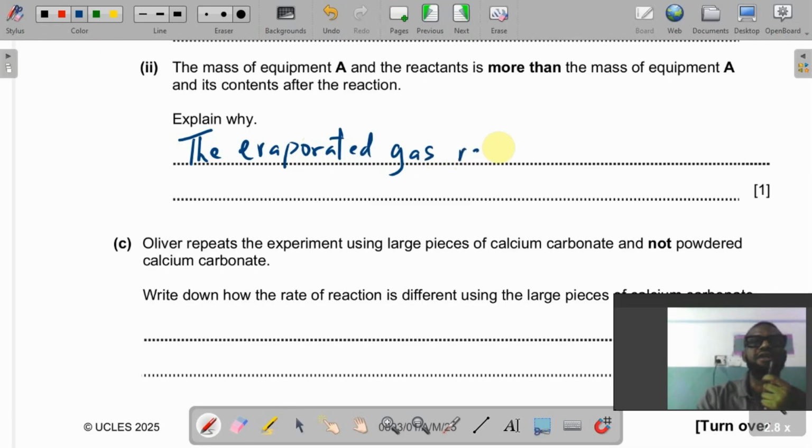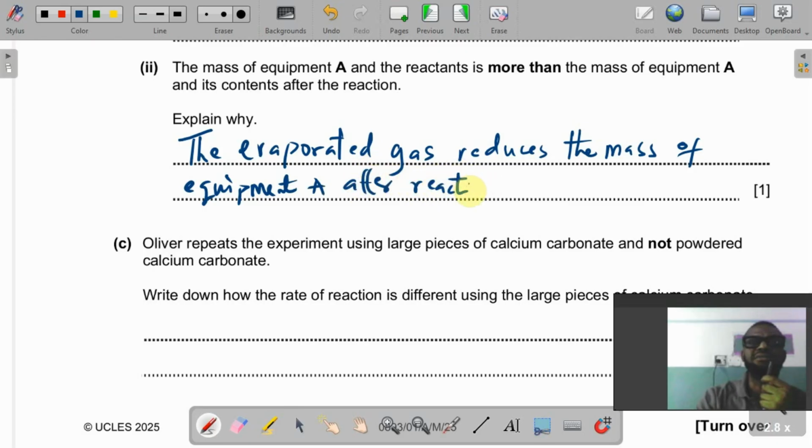The evaporated gas reduces the mass of equipment A after the reaction.